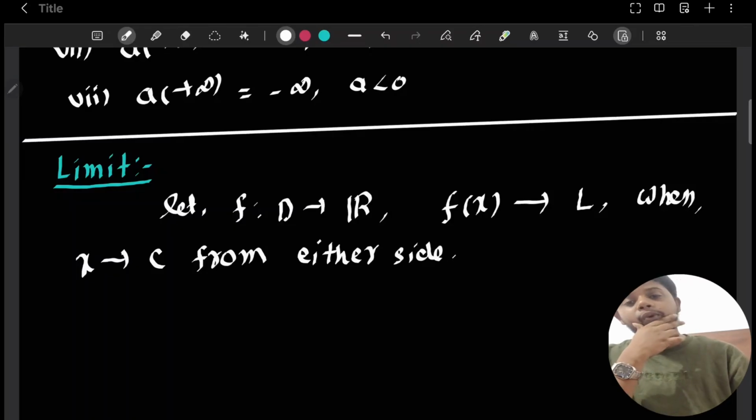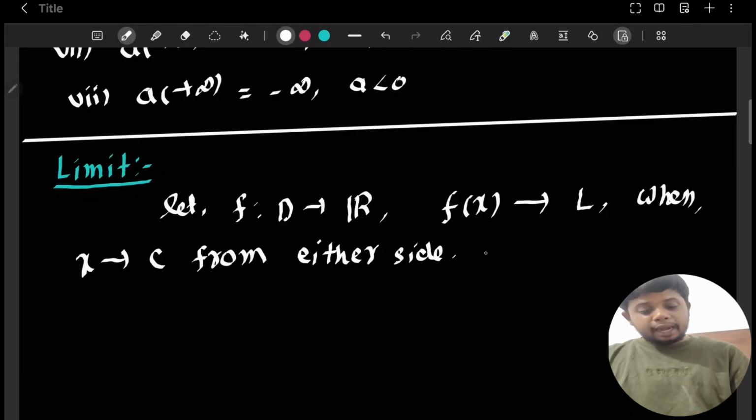For example, I have told you x going to 0 plus means x is going to 0 from the right side, and x going to 0 minus means x is going to 0 from the left side. So here x tending to C means x can go to C from the left side also and the right side also.